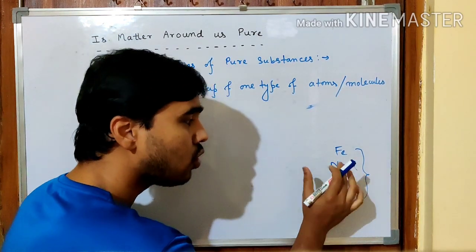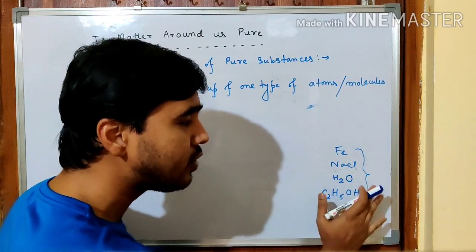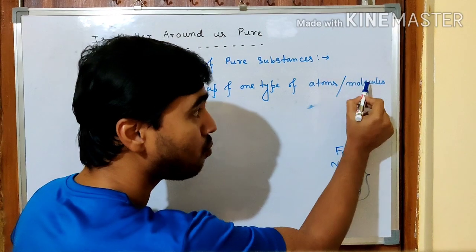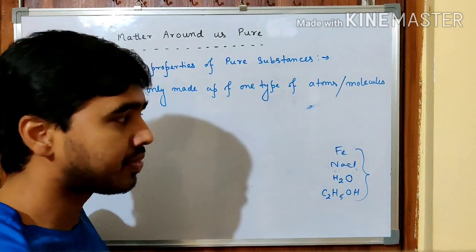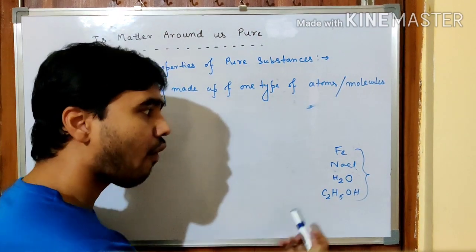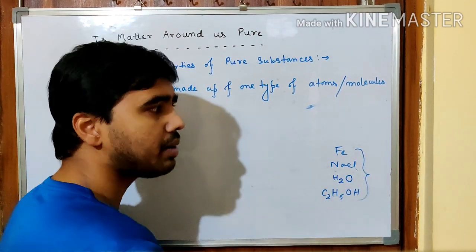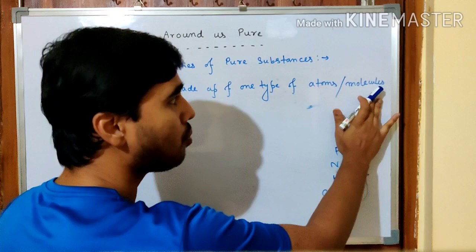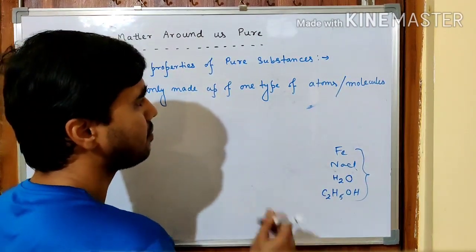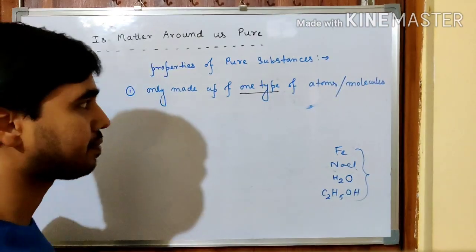Only the water molecule is present. Same is true for iron. In the iron that we use in our daily life, only iron atoms are present. So either atoms or molecules, but it has to be only a single type. This is the main thing.